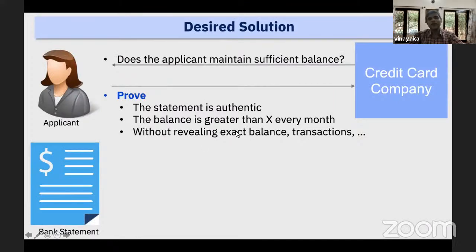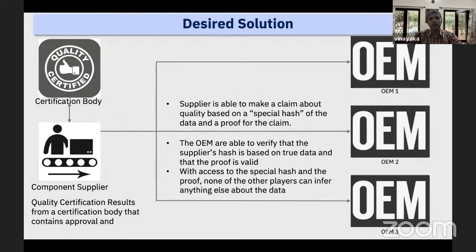That's why it is called a zero knowledge proof: you get a proof that some statement is true, and she is the prover and the credit card company is the verifier. The prover is happy to give a proof, the verifier is happy with the proof, but the verifier learns nothing other than the correctness of the proof, no other knowledge. He gains zero knowledge. That's why it's called zero knowledge proofs.